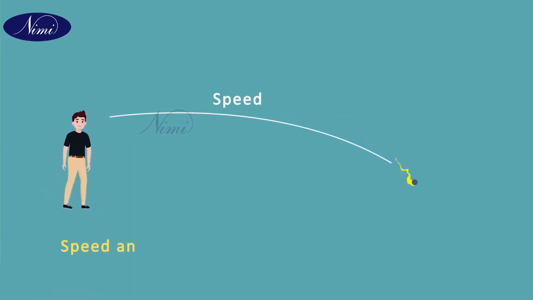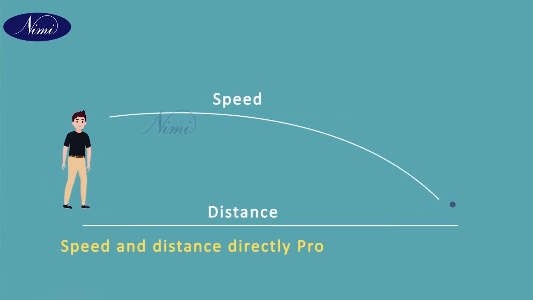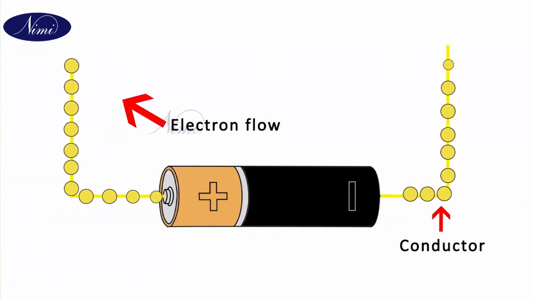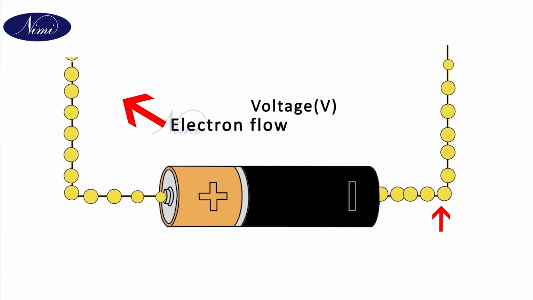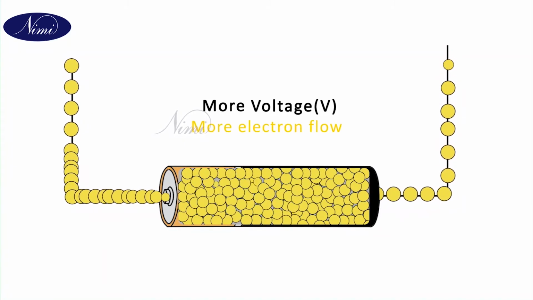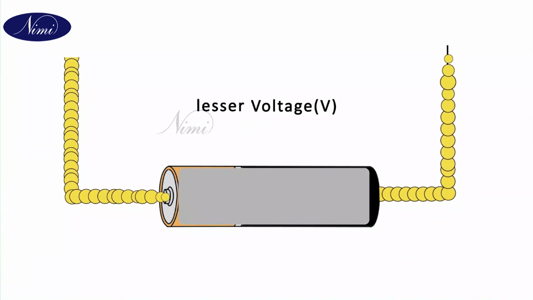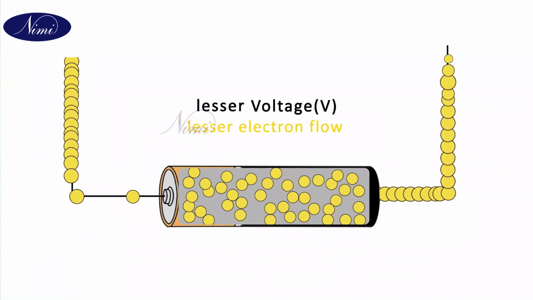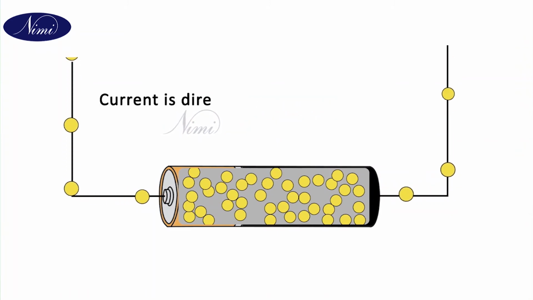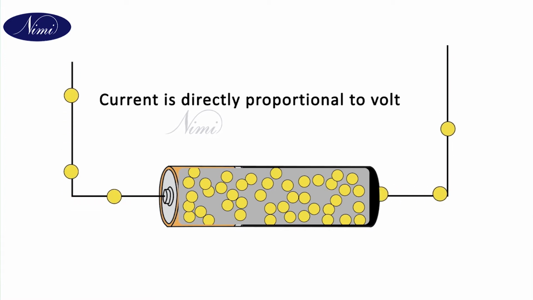So the speed and the distance are directly proportional to the force. In the same way, electron flow is caused by a voltage. More voltage will cause more electron flow, and less voltage will cause less electron flow. So, current is directly proportional to the voltage.